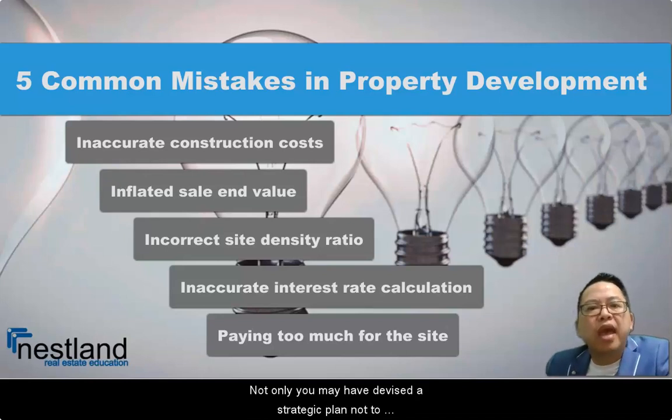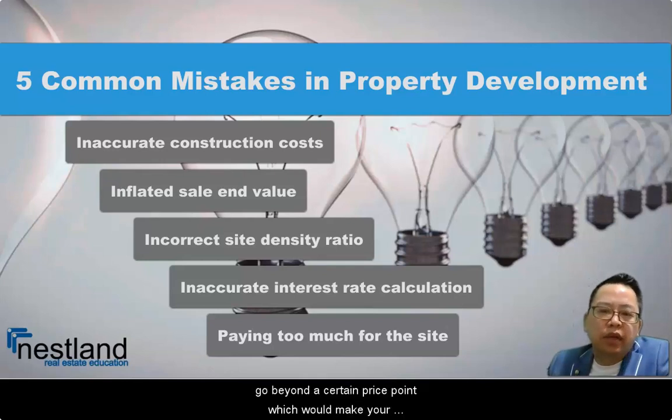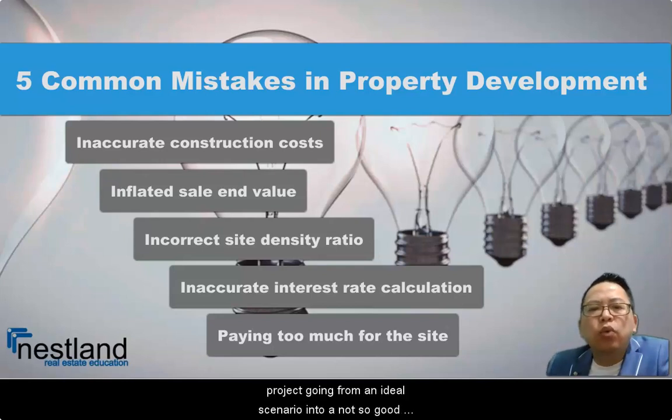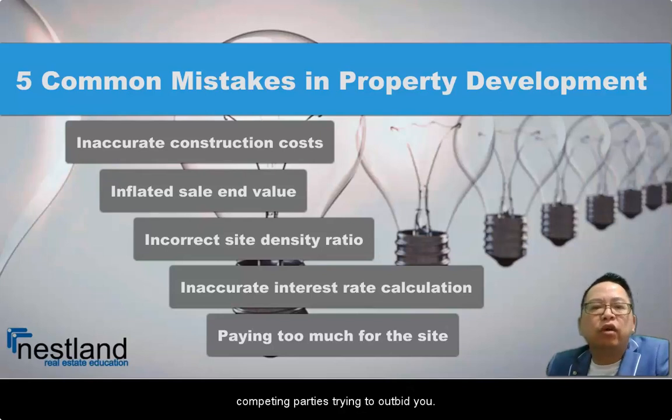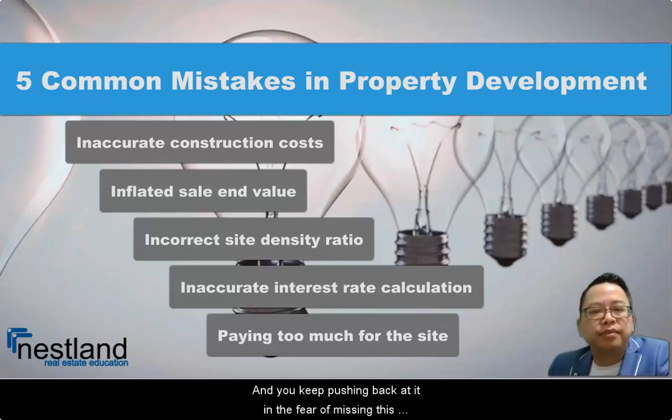Not only you may have devised a strategic plan not to go beyond a certain price point, which would make your project going from an ideal scenario into a not so good scenario, but your game plan is sometimes thrown out of a window with all of the other competing parties trying to outbid you.